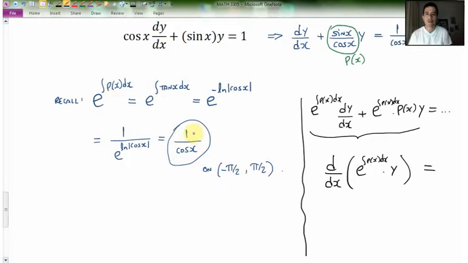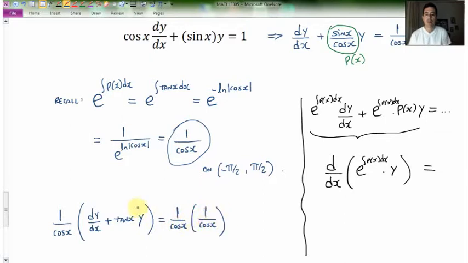So what do we do with it? We multiply both sides of the ODE by 1 over cosine x. Both sides, dy/dx plus tangent. Okay, so back to the ODE.